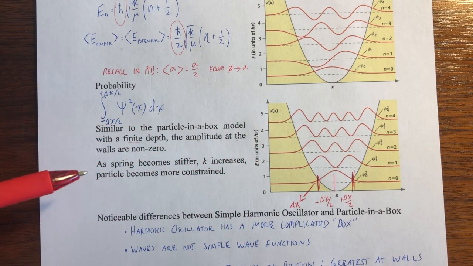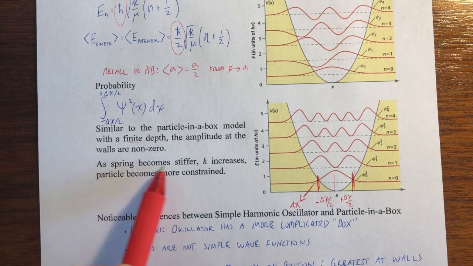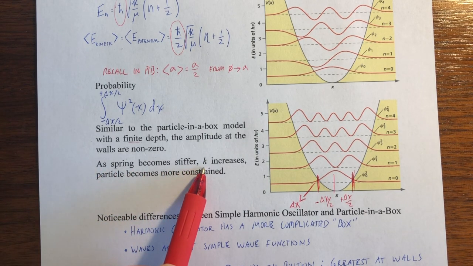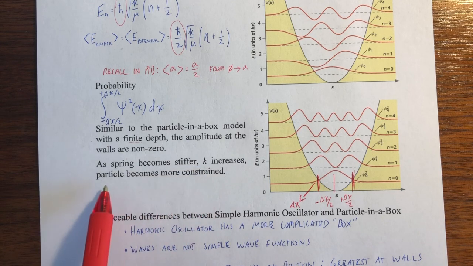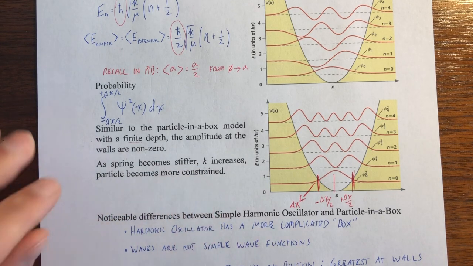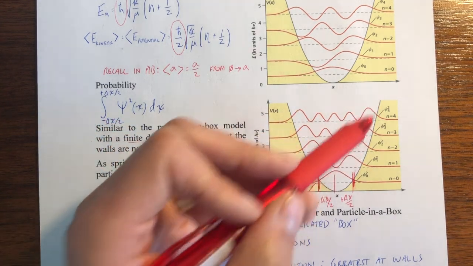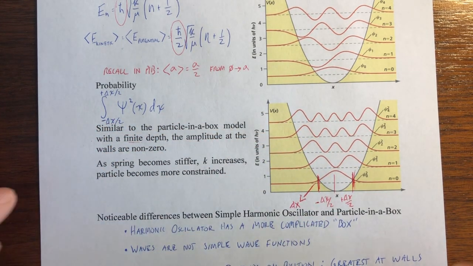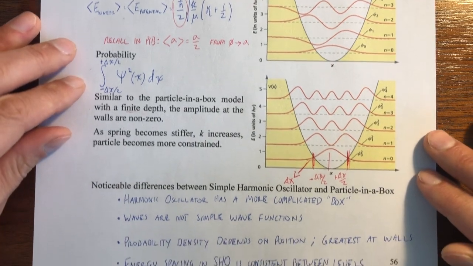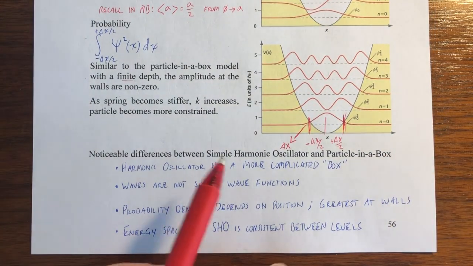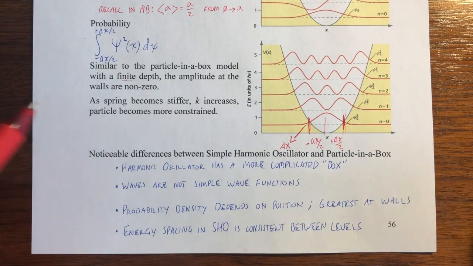If you recall, for particle in a box, this allowed tunneling. As the spring becomes stiffer, the value for k, our spring constant, increases, and particles become more constrained. So that has an effect where we end up getting a higher probability at the walls. Now, some noticeable differences between the simple harmonic oscillator and particle in a box.